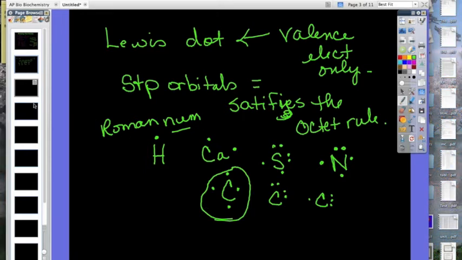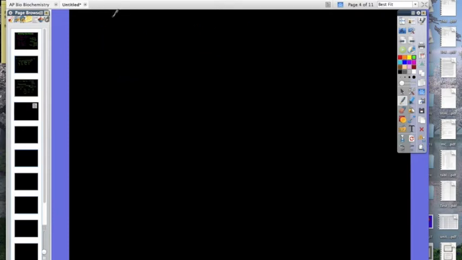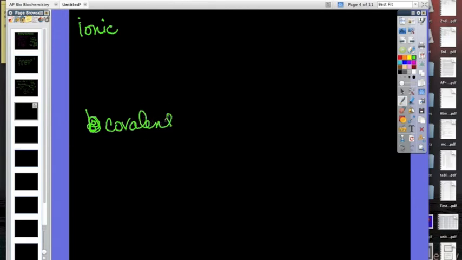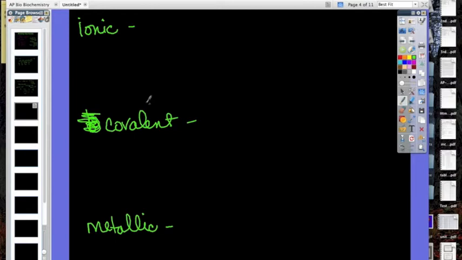So let's look at an example of the different types of bonds real quick. Okay, we have 2 different types of bonds. We have ionic and covalent. And then we'll add metallic kind of in the bottom at the end. So for ionic bonds, you need to know the difference between all of the different types of bonds.